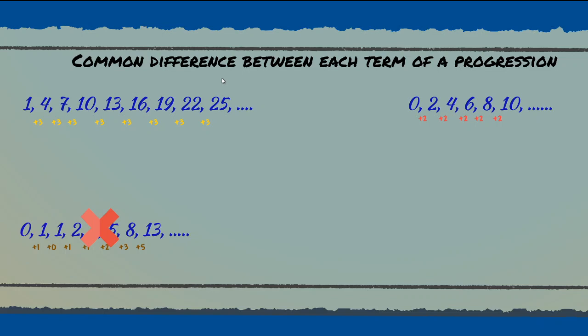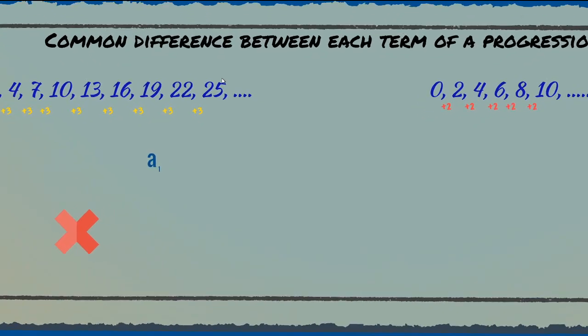Now let us generalize these things, let us bring it up into a formula. So suppose my first term is a1, second term a2, third term is a3, fourth term is a4, fifth term is a5, and so on. And suppose I am taking n terms.